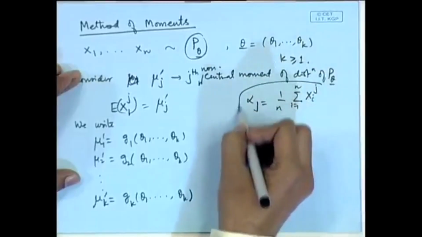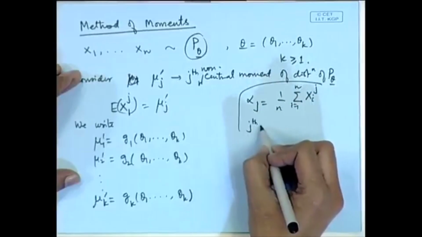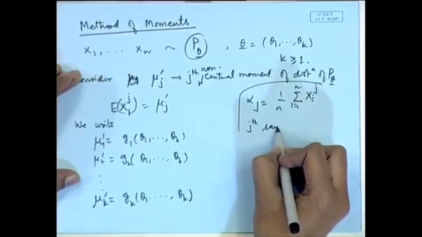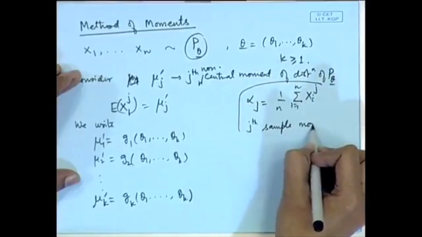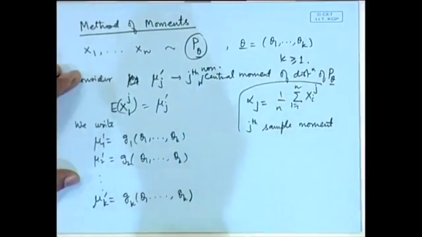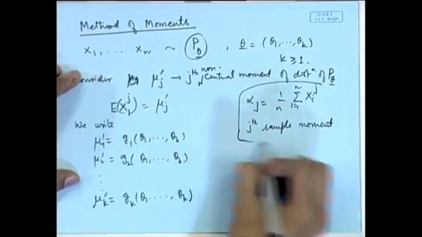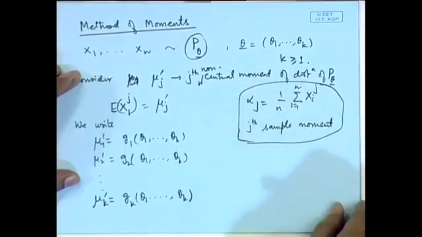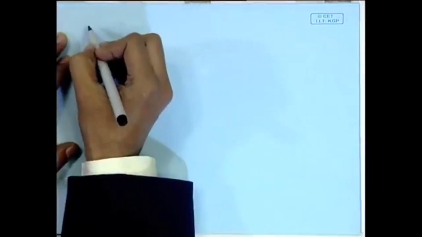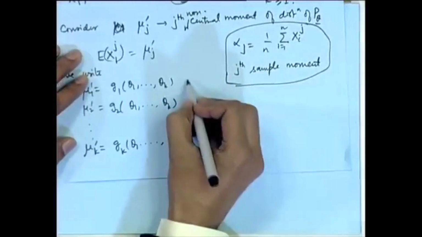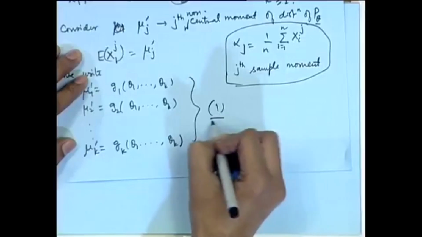That means, the jth sample moment. Let us write this system of equations as 1.